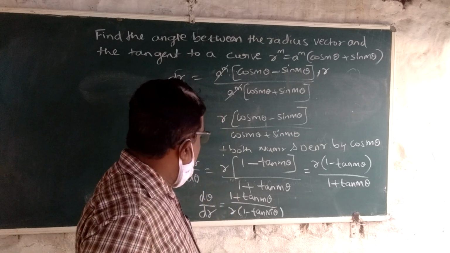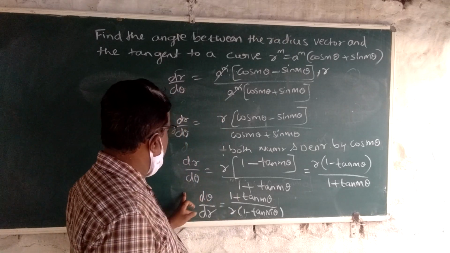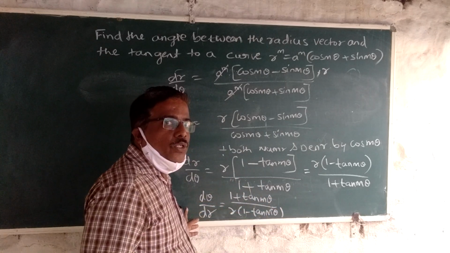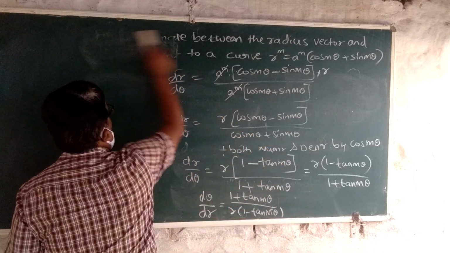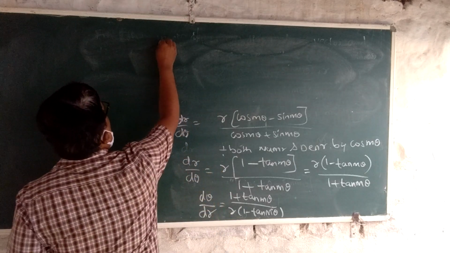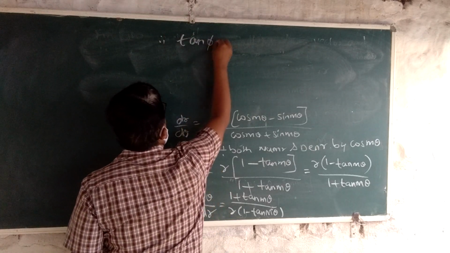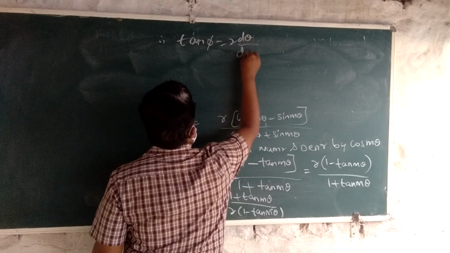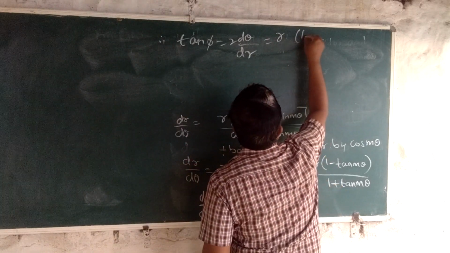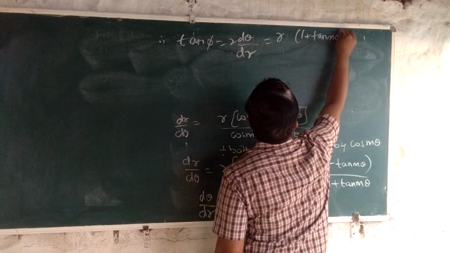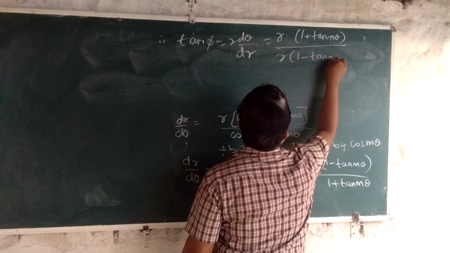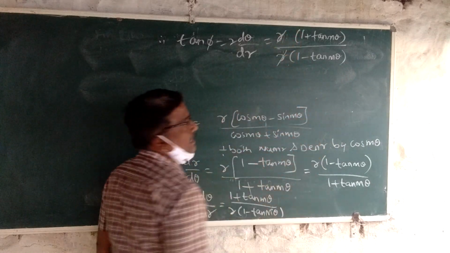So this is d theta by dr. Now substitute this value of d theta by dr in the formula tan phi = r d theta by dr. Therefore tan phi is equal to r into (1 plus tan m theta) divided by r into (1 minus tan m theta). So this r gets cancelled.